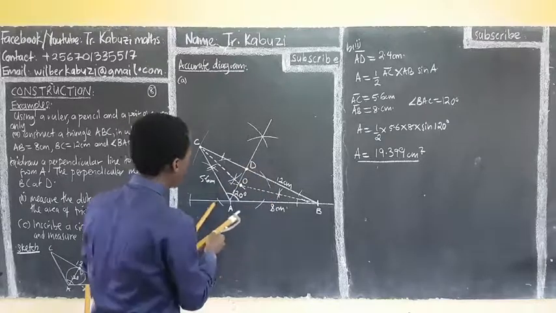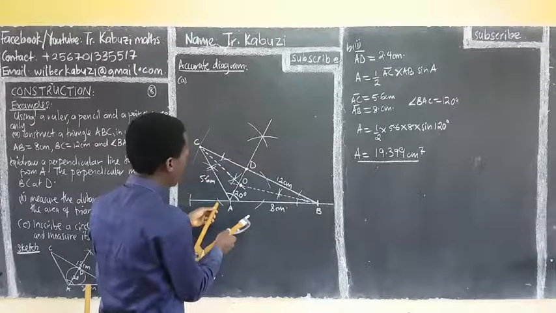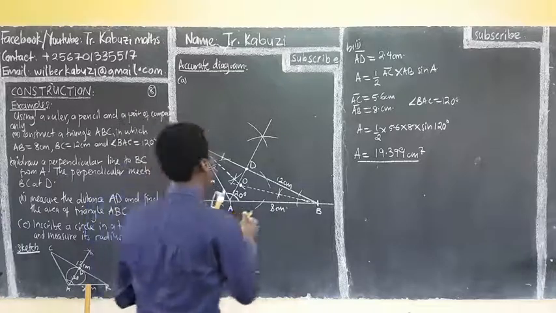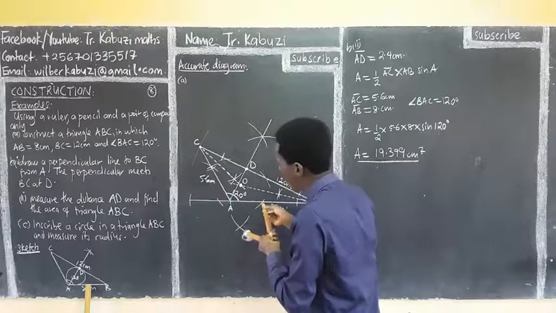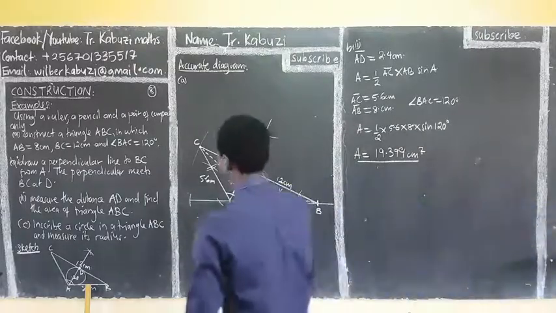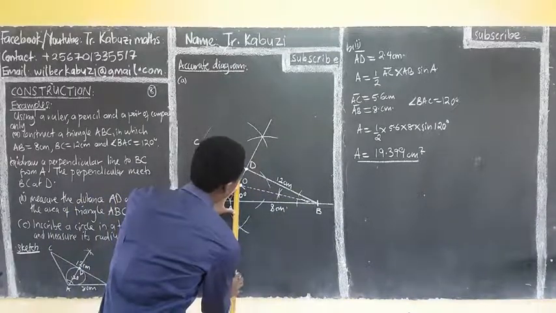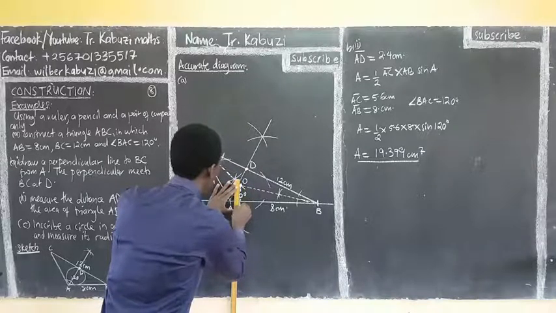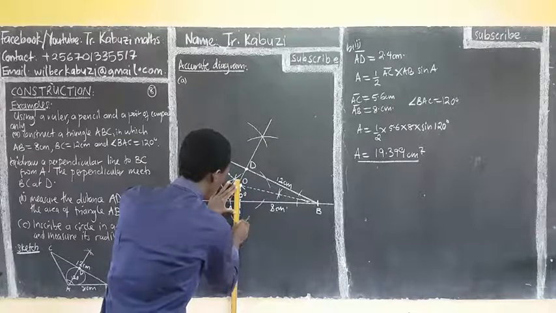Then I draw an arc down there, and I also come here and do the same. Then I join that center to the intersection point of those two arcs.